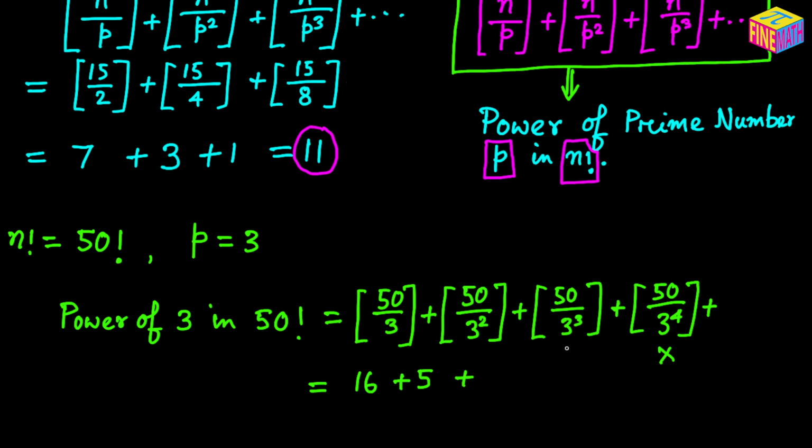Plus 50 divided by 27, which is 3 cubed, would be just 1. And then 50 divided by 81 is actually 0, so we really don't need to continue anymore. We can stop right there. So the highest power of 3 in 50 factorial would be 16 plus 5 plus 1, that is 22. So we have so many 3's hiding there in factorial 50.